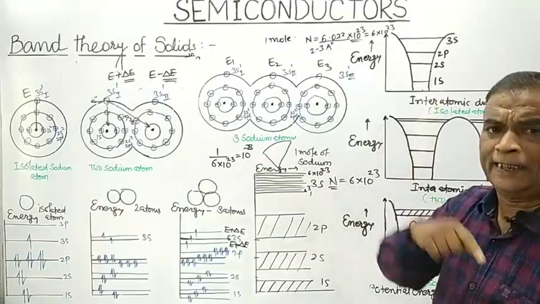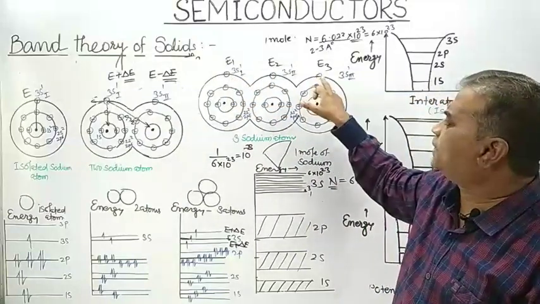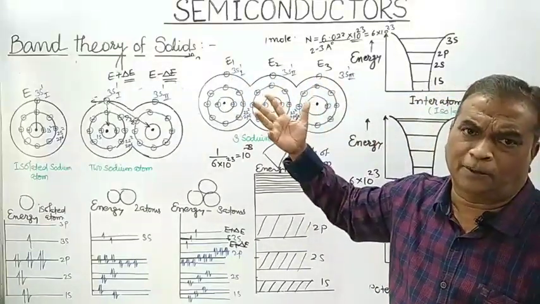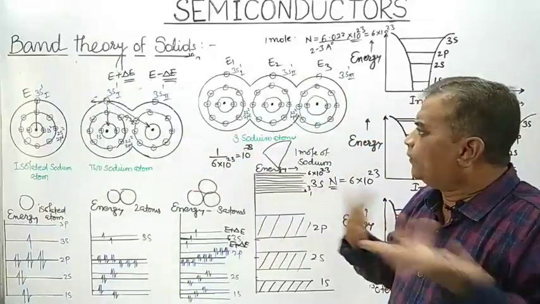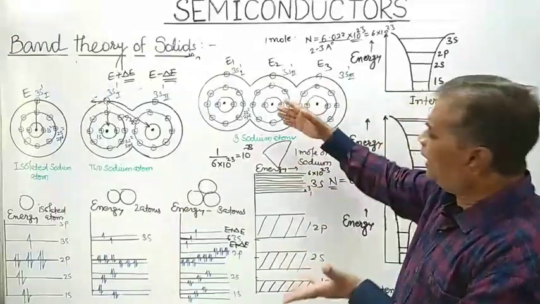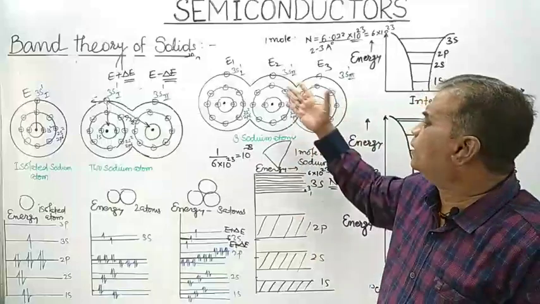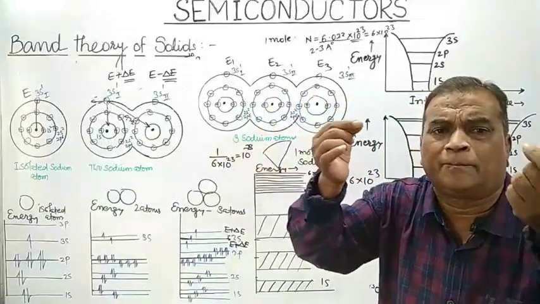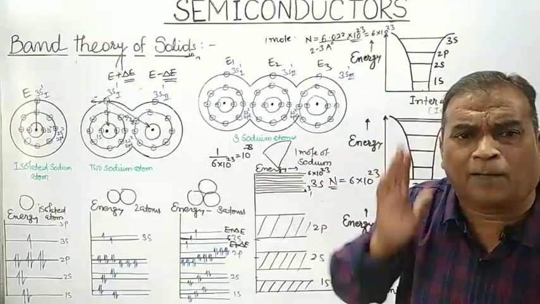So you remember that during the formation of solid, there is a change in the energy level of only those electrons which are lying in the outermost orbit, because they are having a strong interaction with their neighboring atom, whereas electrons in the innermost orbit, no doubt they will have interaction with their neighboring atom, but that interaction will not change their energy, or will change their energy by a negligible amount.